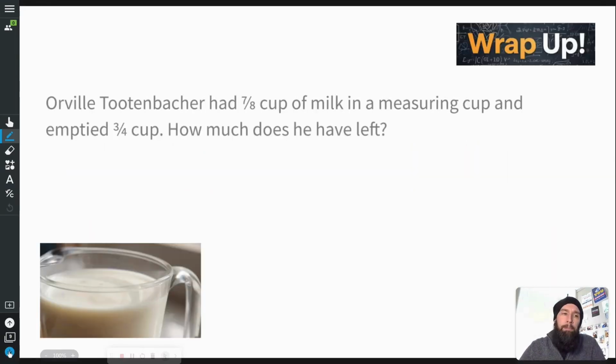Word problem time? Orville Tutenbacher had 7/8 cups of milk in a measuring cup, and he emptied 3/4 of that cup. How much does he have left? So 7/8 of a cup take away 3/4 of a cup is what we're supposed to do. Now 8 and 4 have stuff in common.